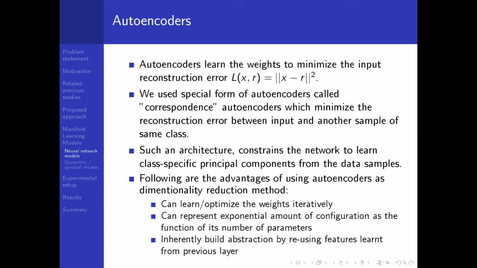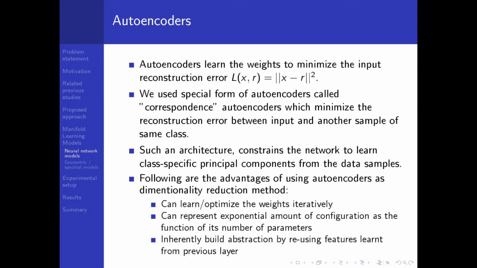We use a special form of autoencoders which are called correspondence autoencoders. In such architectures, the input tries to learn to reconstruct a different sample from the same class. This forces the network to learn class-specific properties inside the data.